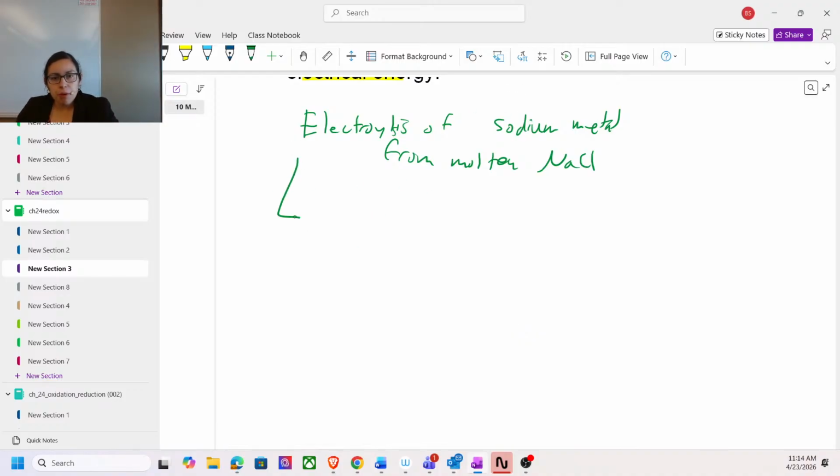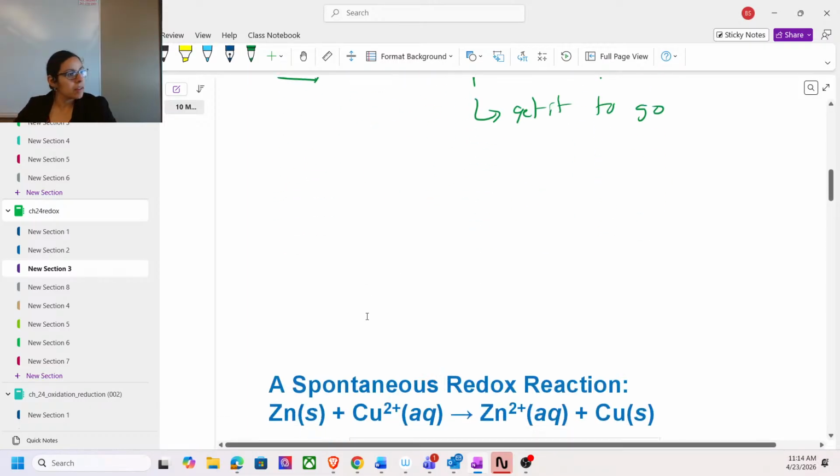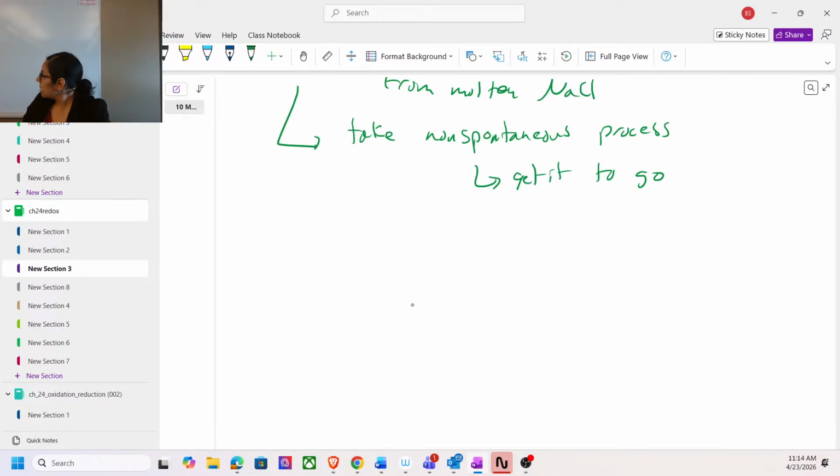And so again, the whole point of electrolysis is to take a non-spontaneous process and then get it to go. So I think it'll make more sense if, before we start drawing out the diagram of what's going on, we think about what we want to do chemically.